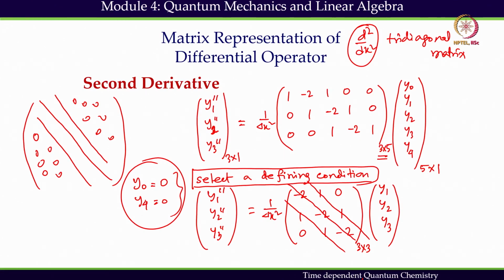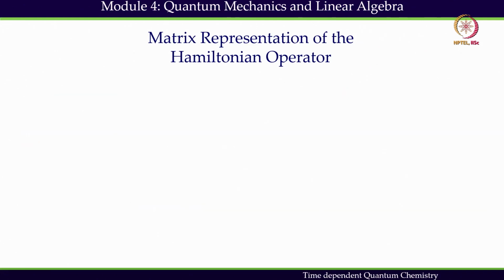So we will move on and we will now look at the Hamiltonian operator. This is what we wanted to do. Under grid representation, we have used the finite difference method, and under grid representation we will represent that.